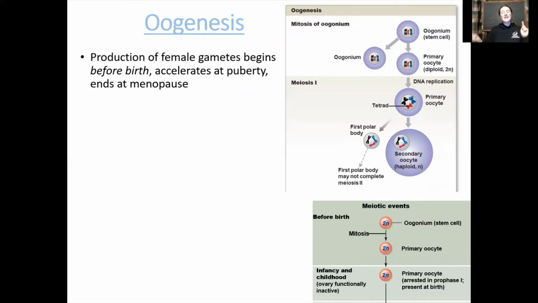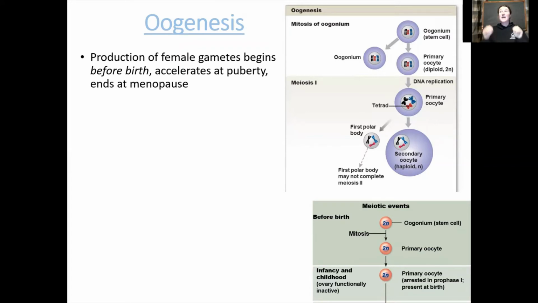And so unlike in the male reproductive system, this generation of gametes is going to begin before she's even born. I really want to emphasize that the part of your genome, the half that came from your mom, started to be developed in your grandmother.